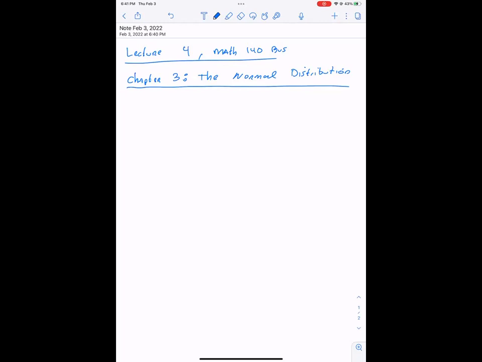Whether it was a categorical variable or a quantitative variable, essentially our distribution was: these are the outcomes from my sample, and this is how often each one occurred. If it was a categorical variable, each category, what percentage of the time. If it was a quantitative variable, we had classes in our histogram from here to here. And again, the question is how many times did each one occur?